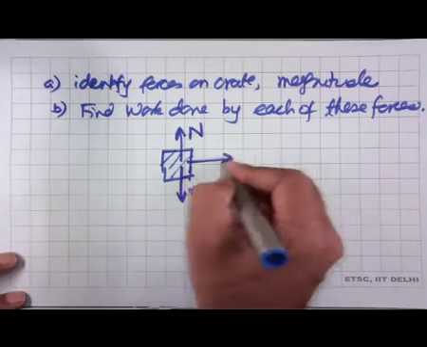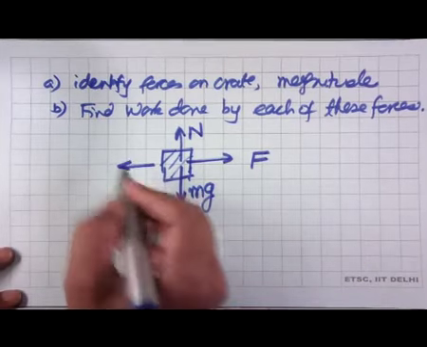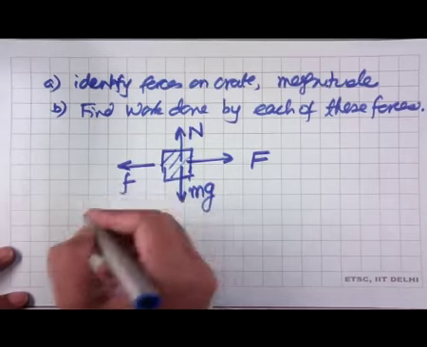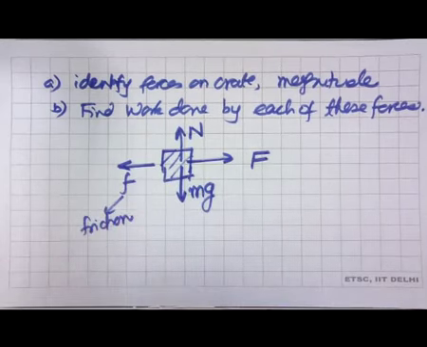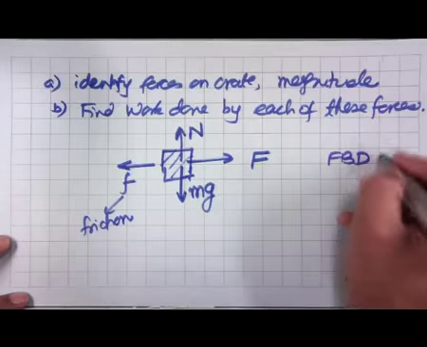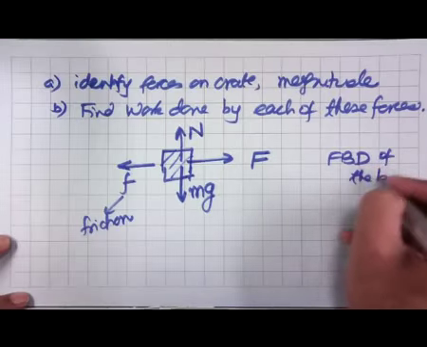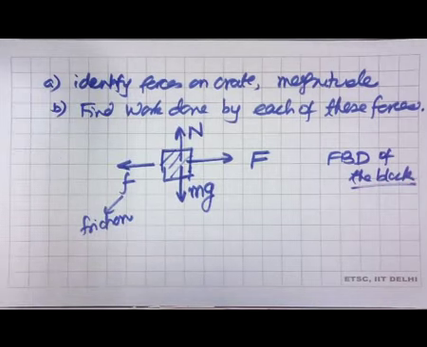We have the force F applied on the block, and the force of friction, which I right now indicate as small f. So, these are the different forces acting on the block. This is the free body diagram of the block. Now, we have to identify the magnitudes.